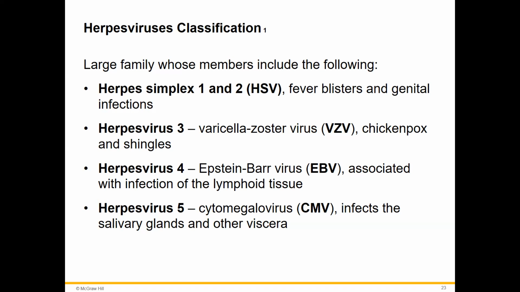HSV3, herpes virus 3, is VZV, varicella zoster virus. This is your chickenpox and shingles virus, in the same herpes family as herpes simplex 1 and 2, but a completely different virus. Think about it as being like staph, which has multiple different types of species.